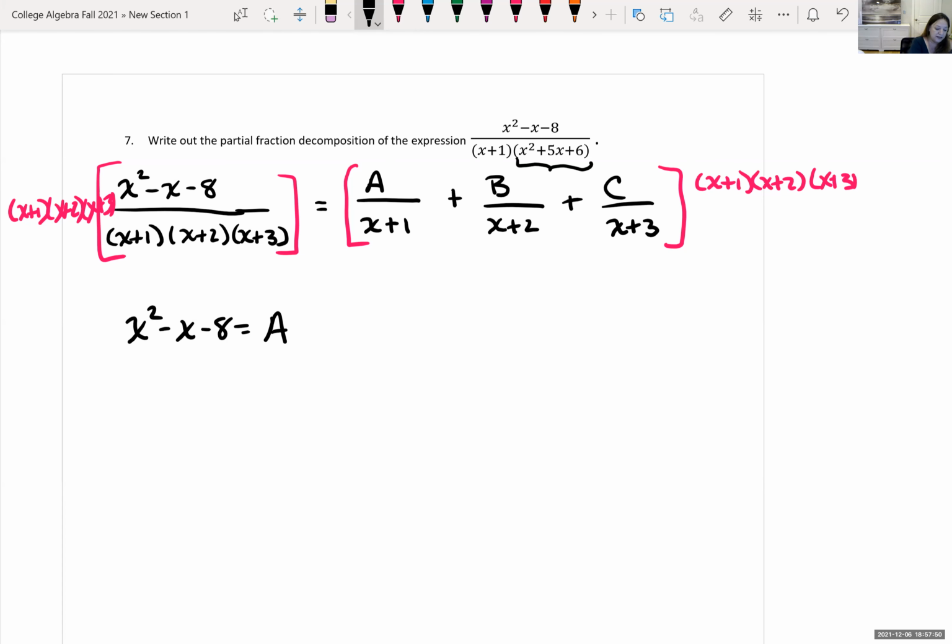And so we're left with a times x plus 2 times x plus 3, plus b all times. So when we distribute this grouping to that second fraction, the x plus 2s are going to cancel and you're going to be left with x plus 1, x plus 3. Plus c, distributing that to the third fraction, x plus 3 cancels, so we're left with x plus 1, x plus 2.